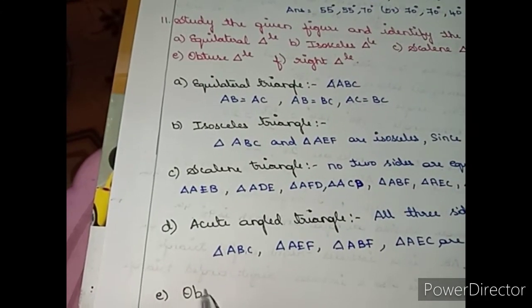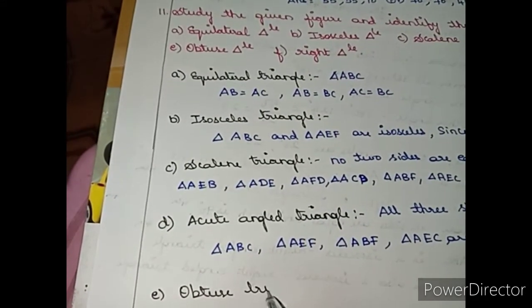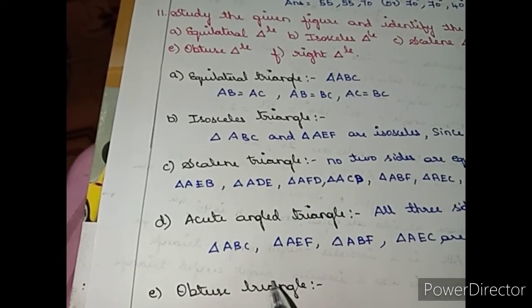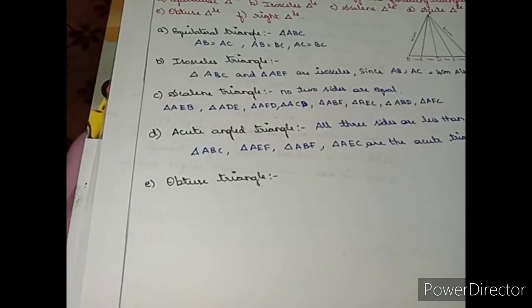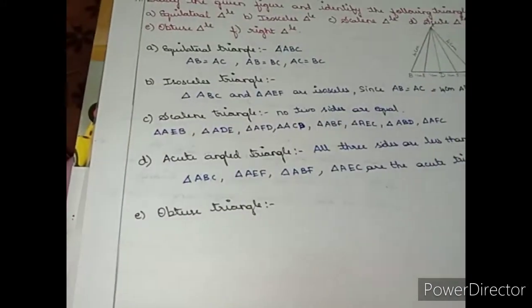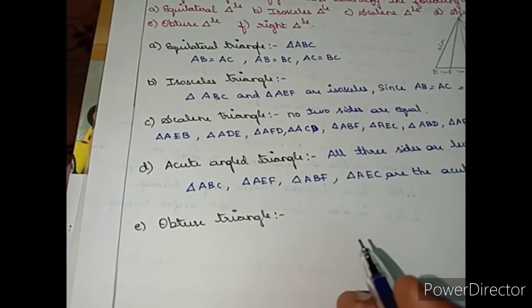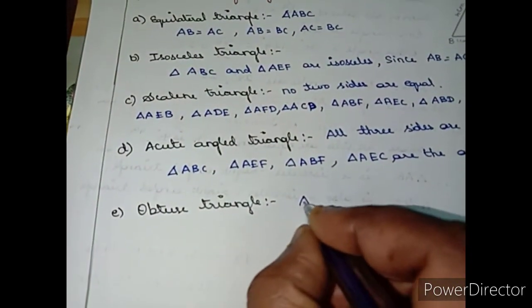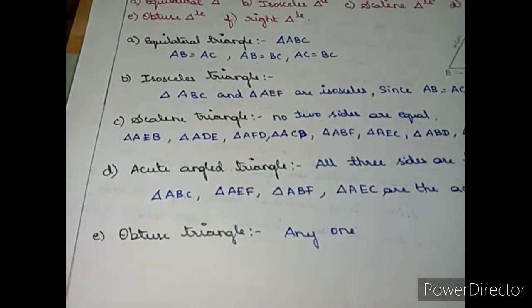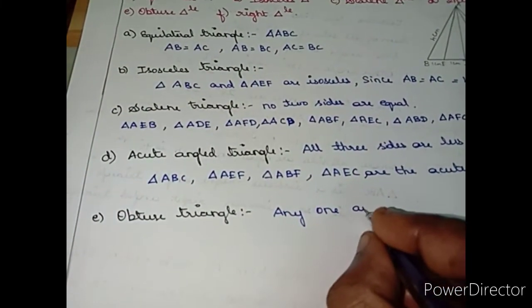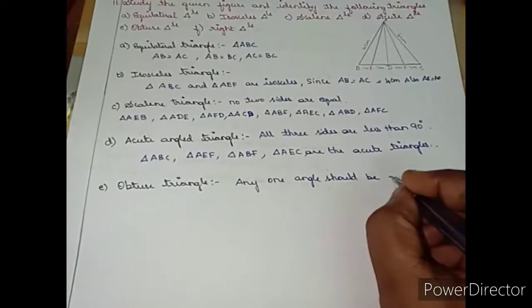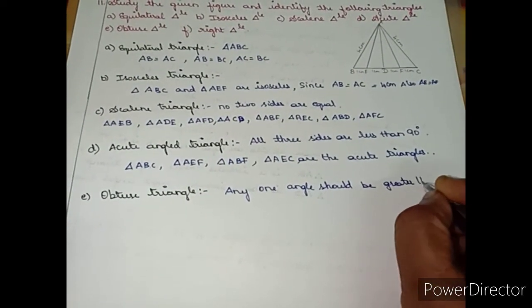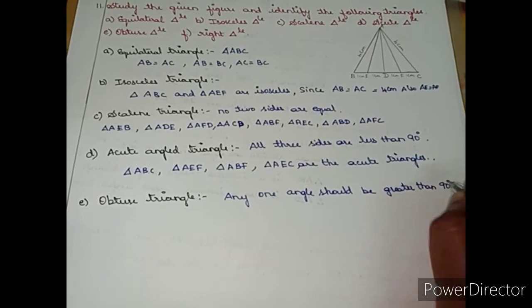Okay, so next subdivision. So it is obtuse. So in an obtuse triangle, any one of the angles should be greater than 90 degrees.